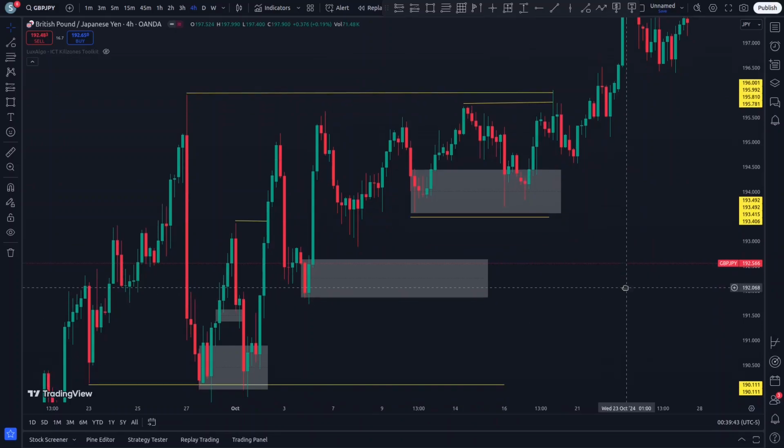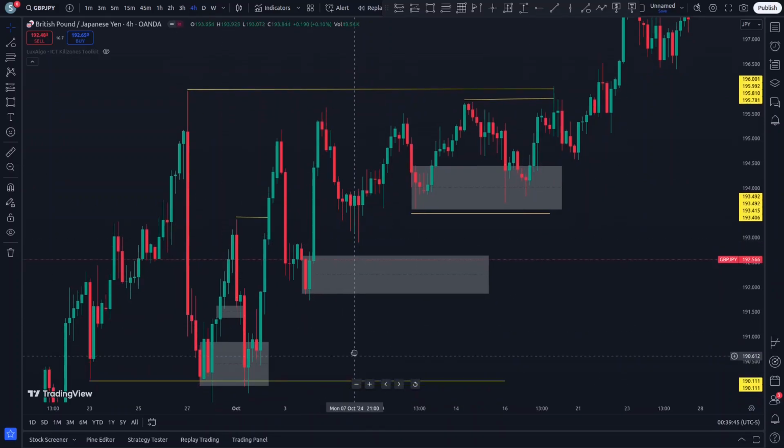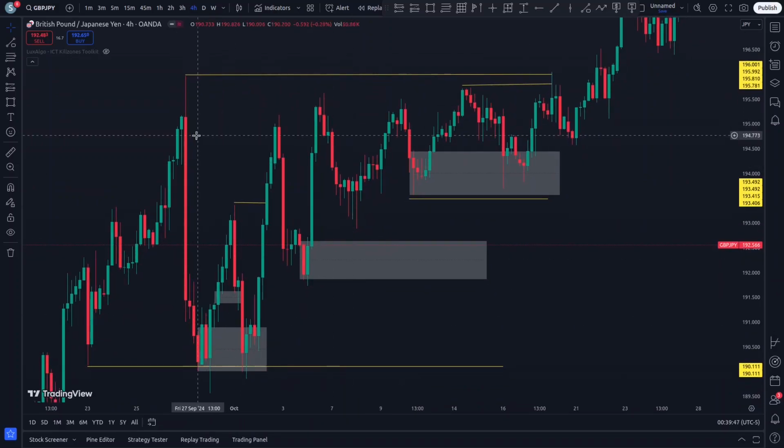As you can see earlier, we are in a price range. Price has not broken this major high for some time. Then all of a sudden, when price gets here, what do we have? We have a liquidity sweep.